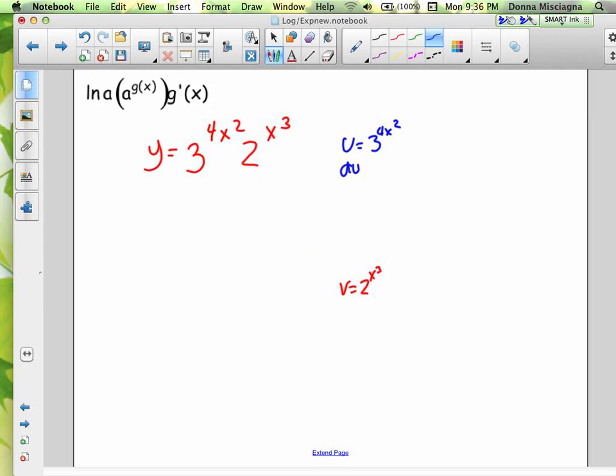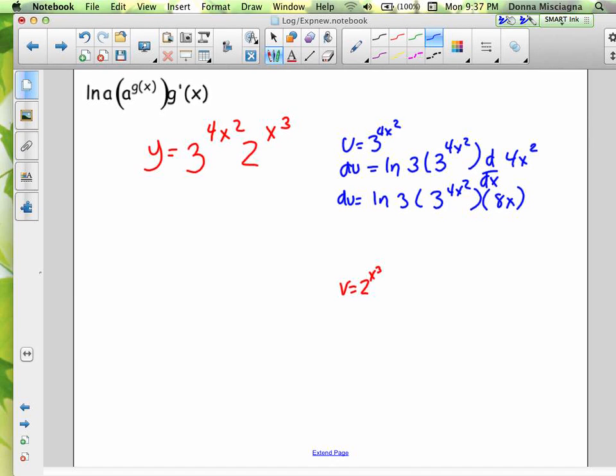The derivative is going to be natural log of 3, because that is an exponential, times an exact copy, 3 to the 4x squared, and then times the derivative of the exponent. So we differentiate 4x squared. So du is equal to natural log of 3 times 3 to the 4x squared, and the derivative there is 8x.